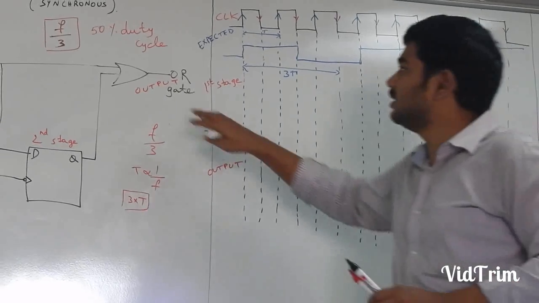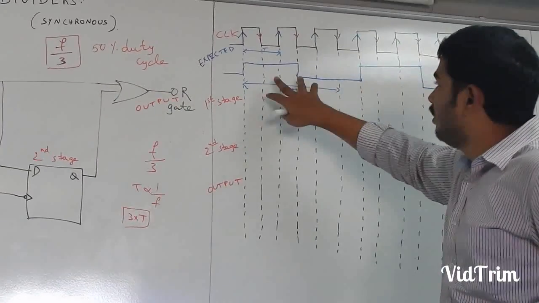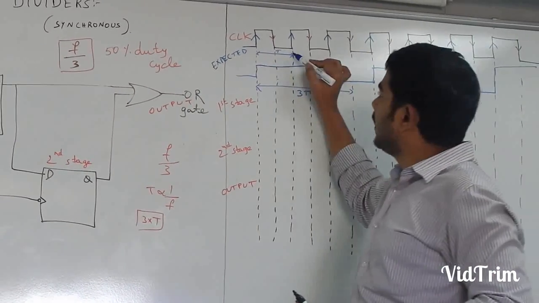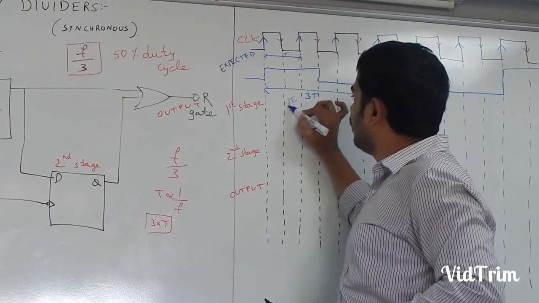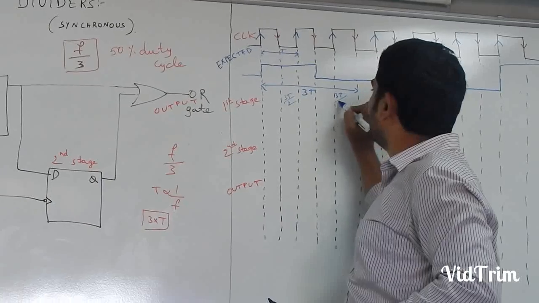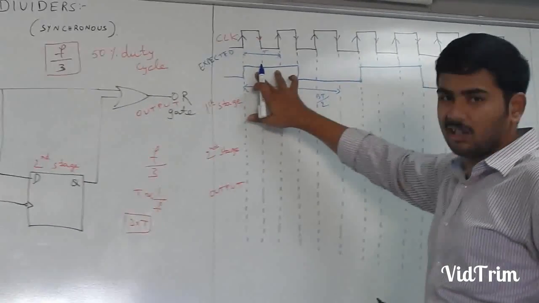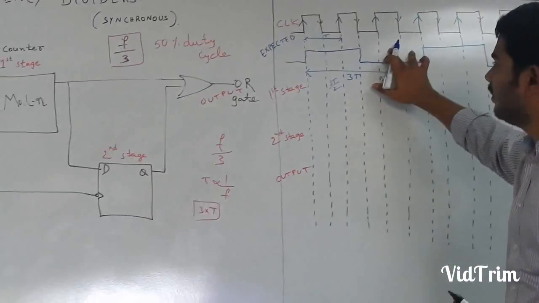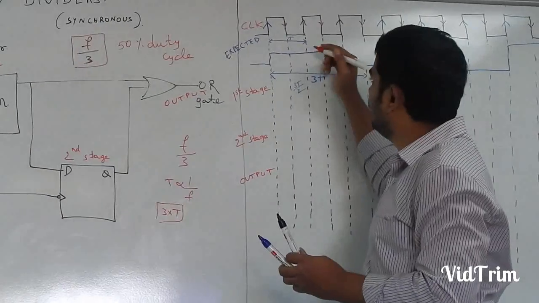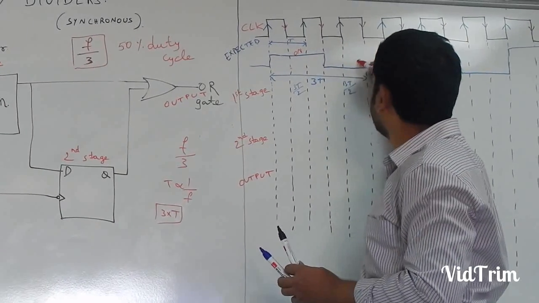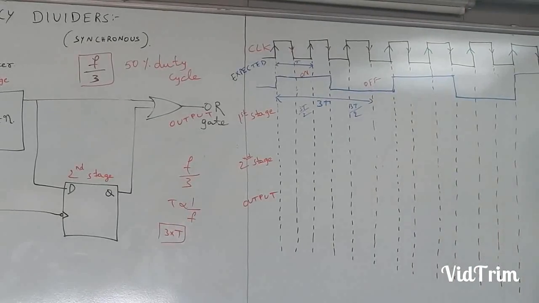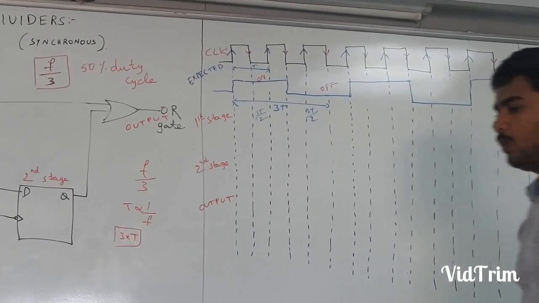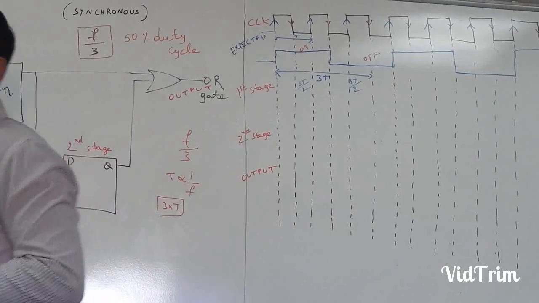And that too they told is 50% duty cycle, meaning 50% on, so in 3T, half is 3T by 2 and 3T by 2. So 1.5 clock pulses on and 1.5 clock pulses off. You can clearly see, so this is our expected waveform. Now it's very interesting.